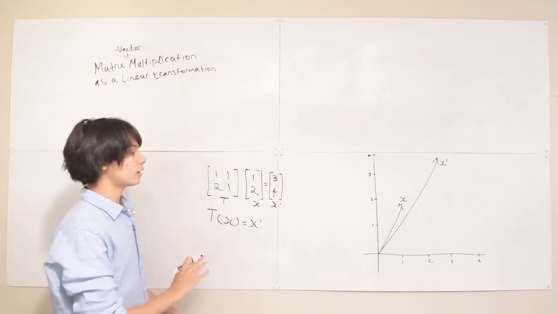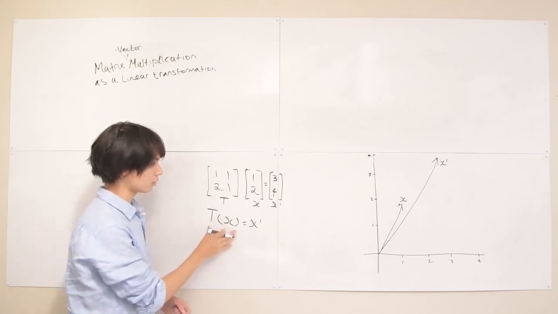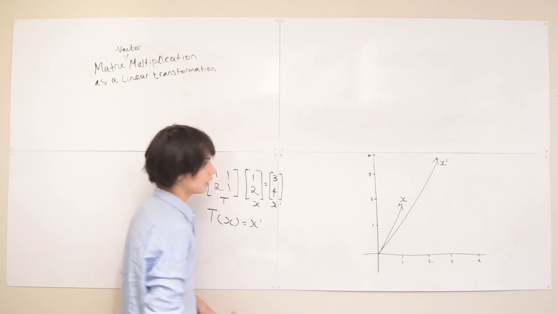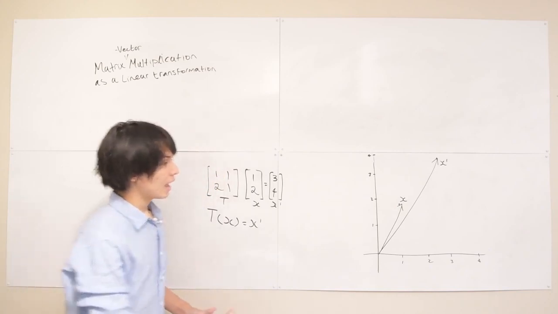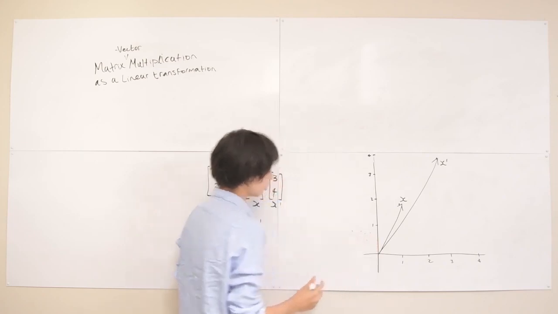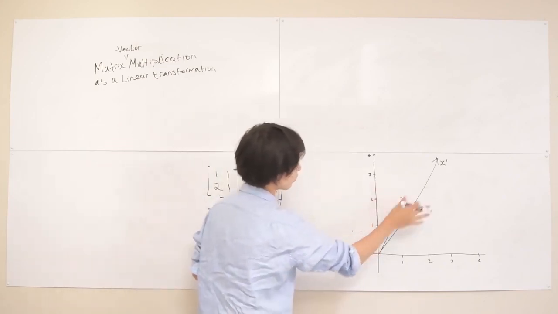So this idea is thinking of matrix vector multiplication as a linear transformation that takes in some vector and puts it somewhere else in the plane. You can almost imagine every single point in space, so every single vector in space, going through this linear transformation and being shifted to some other place throughout the board.